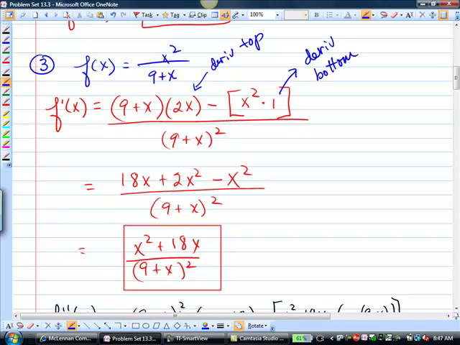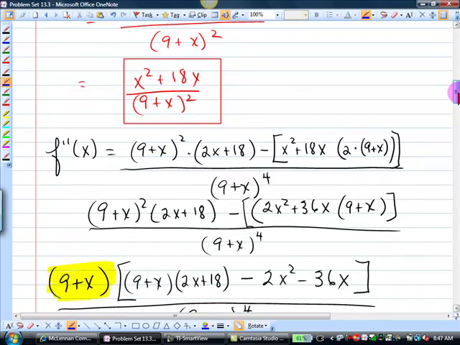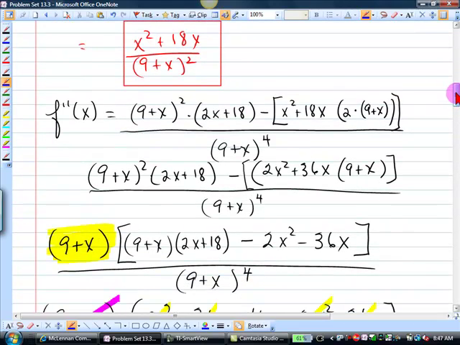Then to get the second derivative, we have to do it all over again with this quotient, which is just tedious. It's not that hard. It's just a lot of stuff. Okay, so we did the same thing.